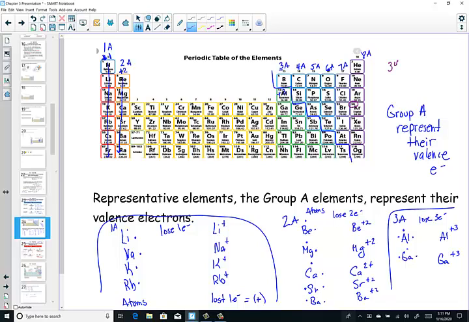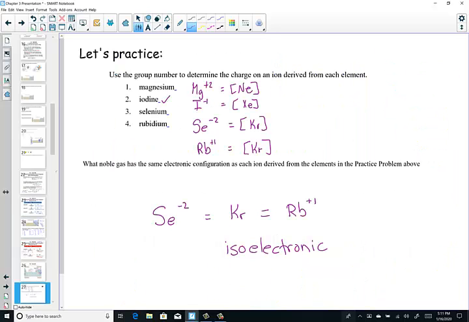Selenium had 34, but gained 2 to become 36. Rubidium had 37, but lost 1 to become 36. And krypton already had 36. Those are all isoelectronic elements and ions.